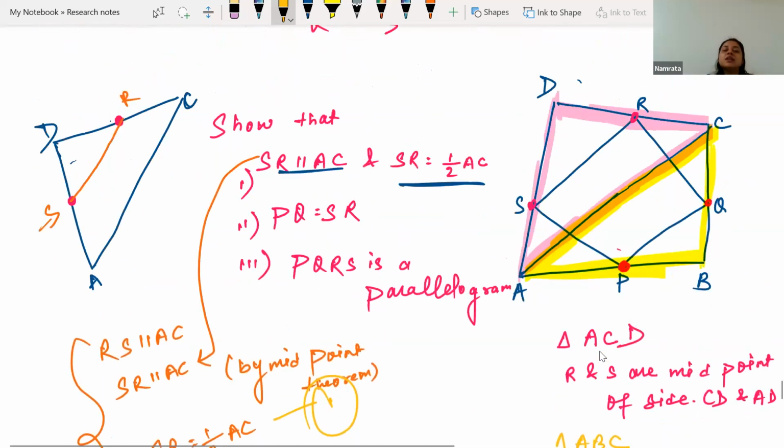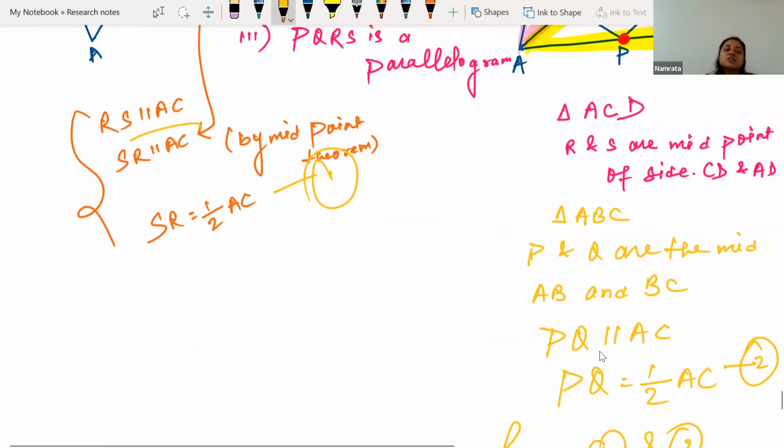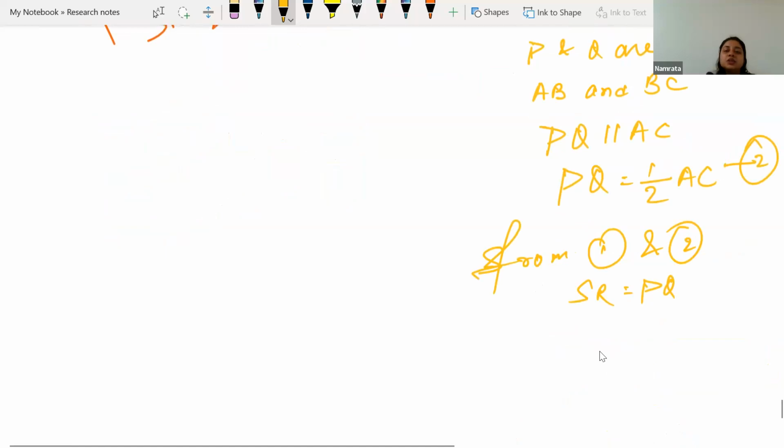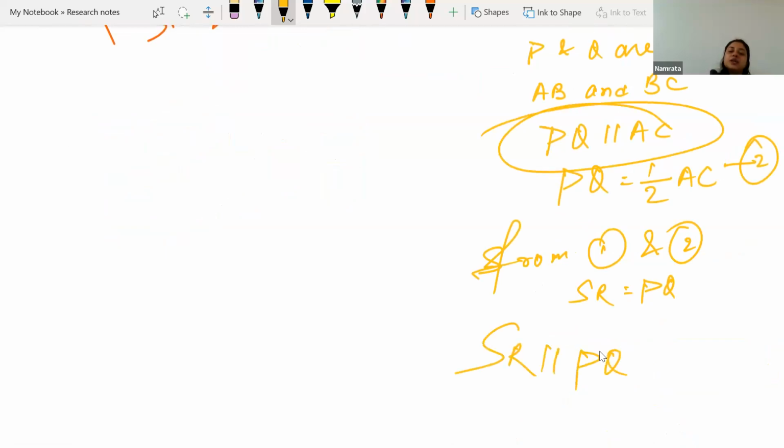One more thing we get from 1 and 2: SR is parallel to AC, PQ is parallel to AC. So SR, PQ, AC are all parallel with each other. So SR is equal to PQ, and SR is parallel to PQ also.